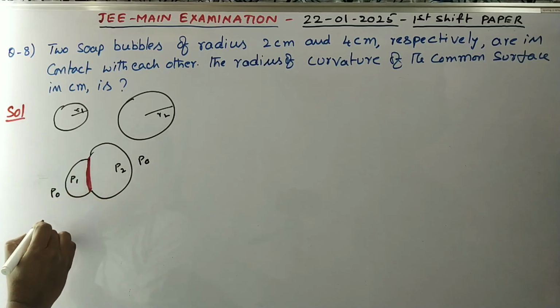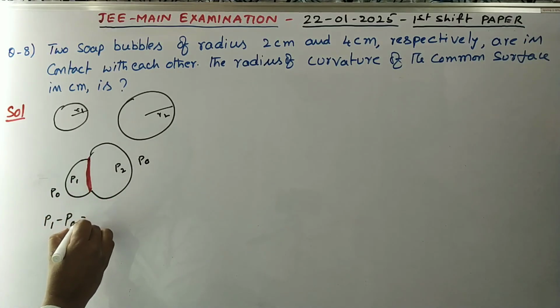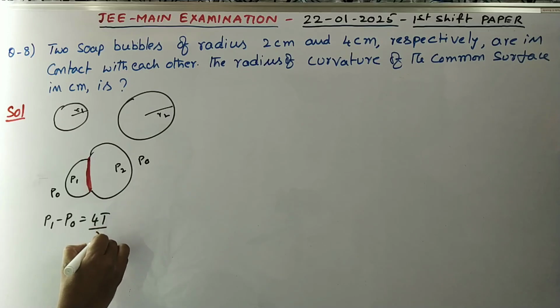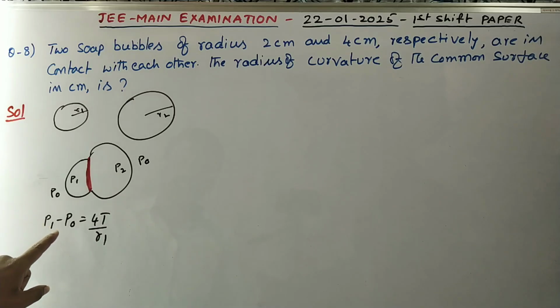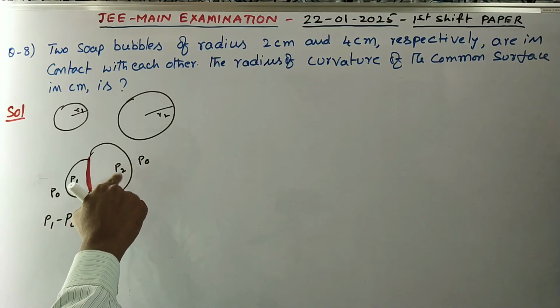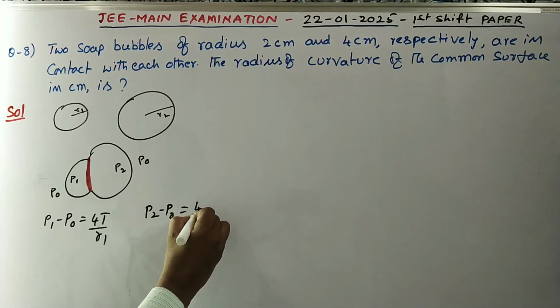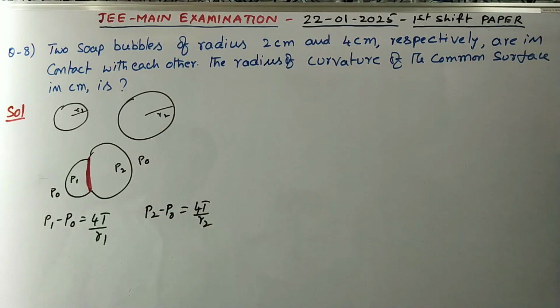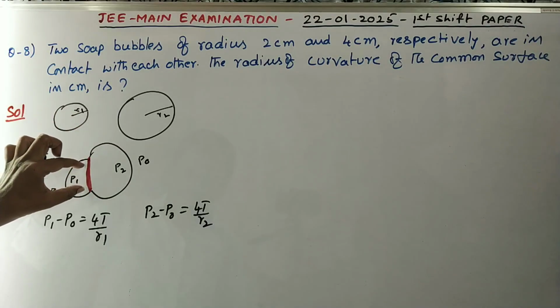So due to excess pressure, P1 minus P0 is equal to 4T by R1. Why? Because from the definition of excess pressure inside a soap bubble, P is equal to 4T by R, isn't it? Similarly, the pressure difference in the bigger one, P2 minus P0, is equal to 4T by R2.